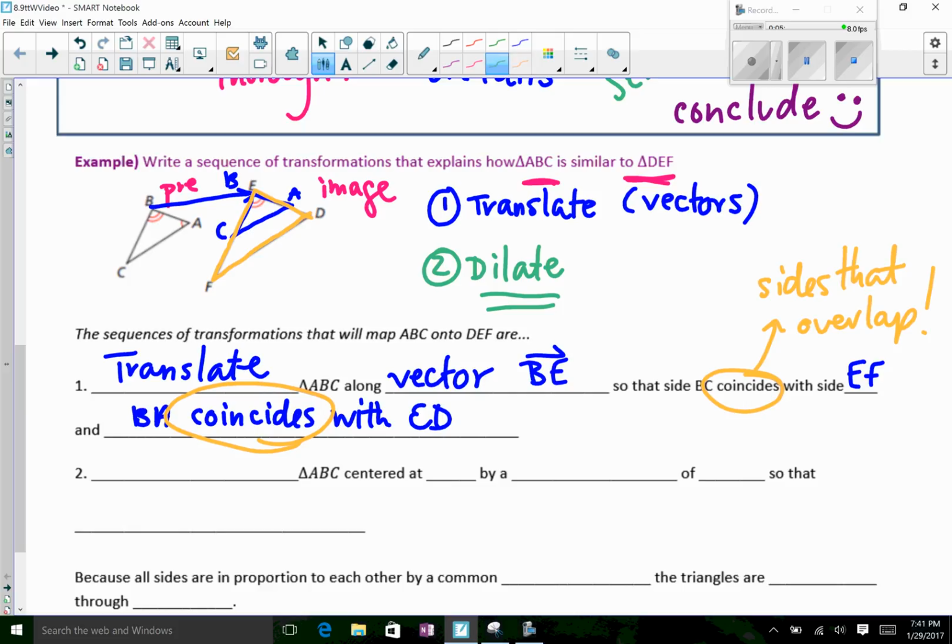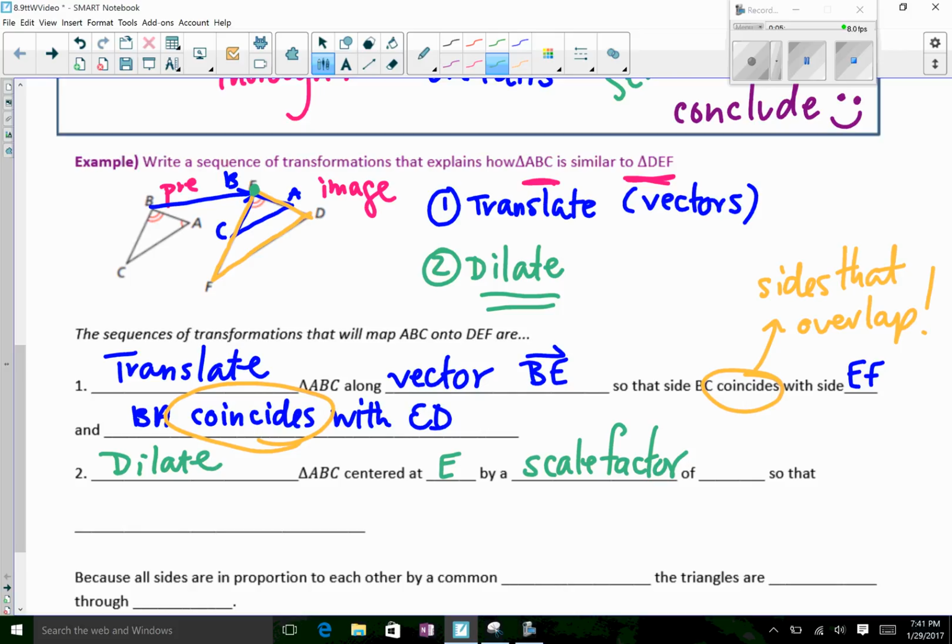So in our second step, we're going to say that we dilate triangle ABC now, and the center of dilation is at point E or point B, by a scale factor, another important detail, of your image over pre-image.